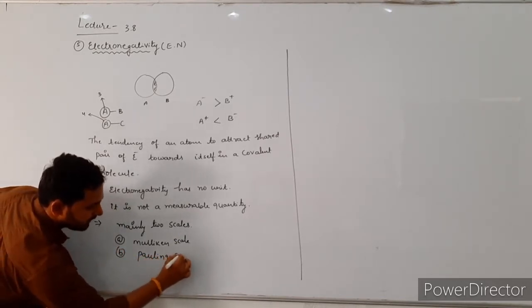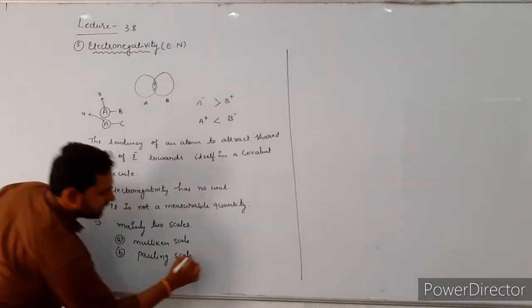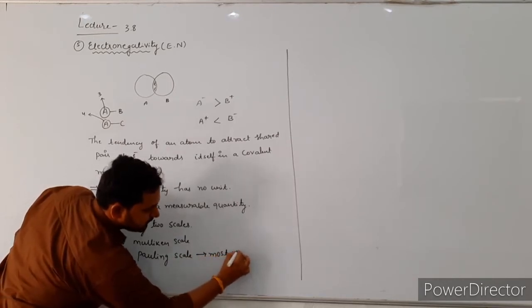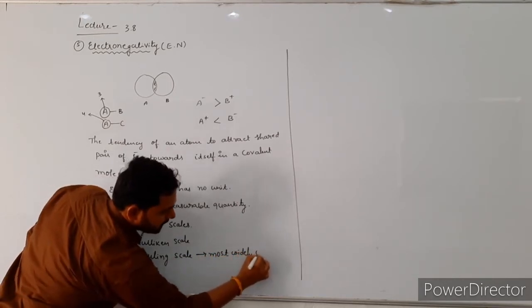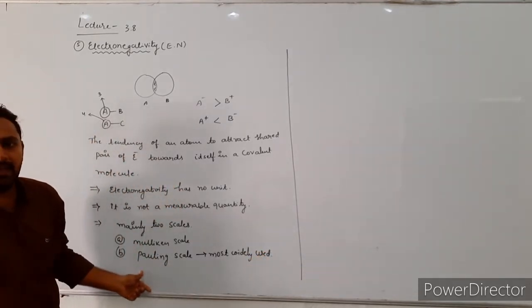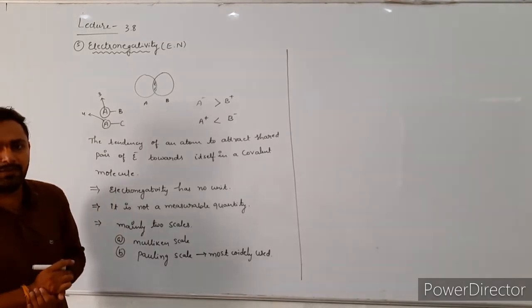The Pauling scale is the most widely used scale. According to the Pauling scale, he has given some approximate electronegativity values for a few elements.